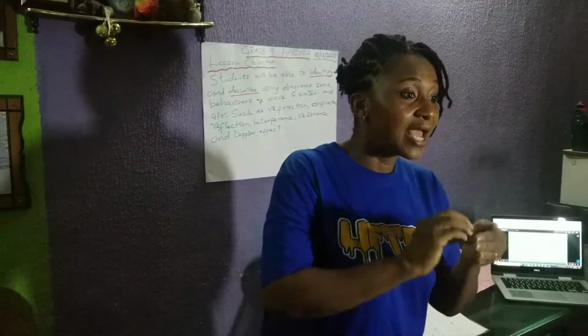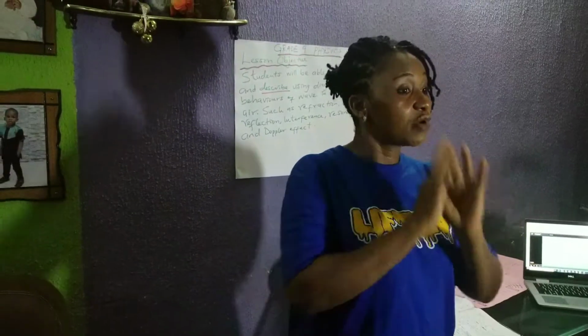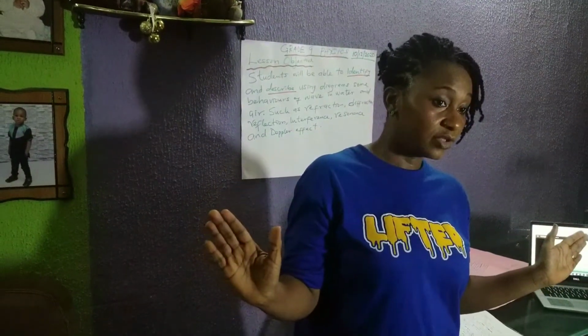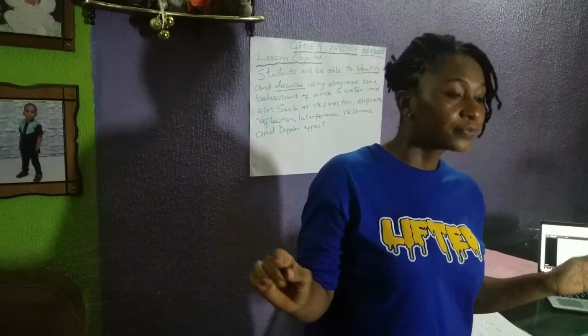I want you to work in your groups now. Study these charts and put a name. You have a definition on every chart, but without a particular name. Do you understand what is required of you? I want you to work in your groups of 4s.